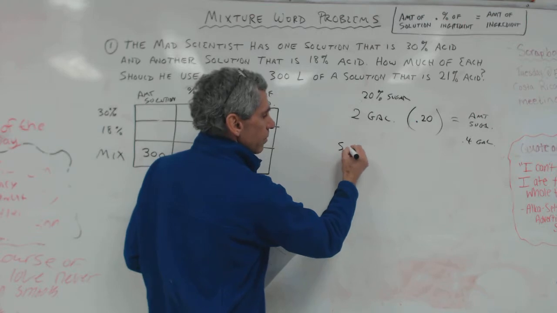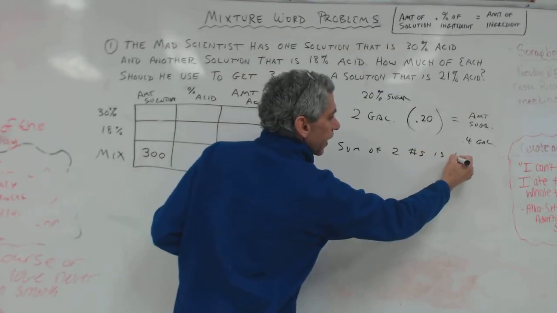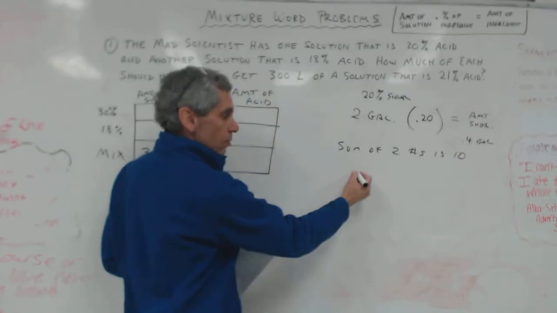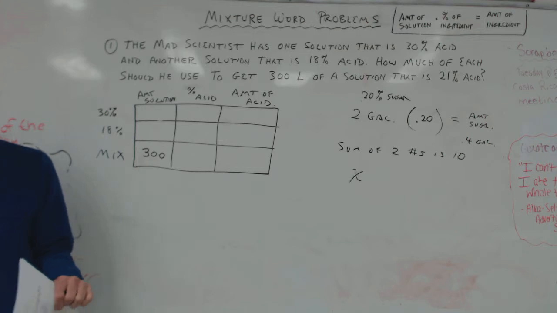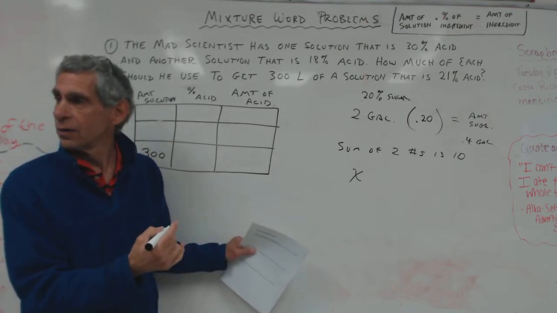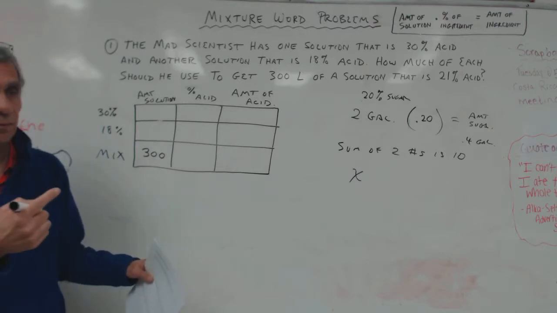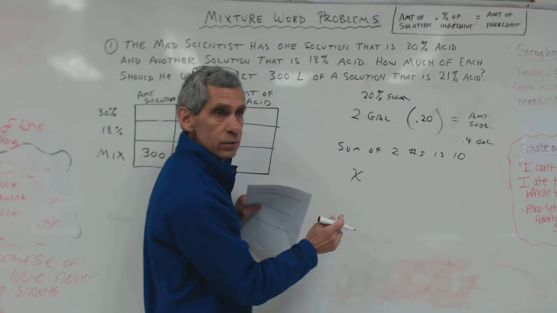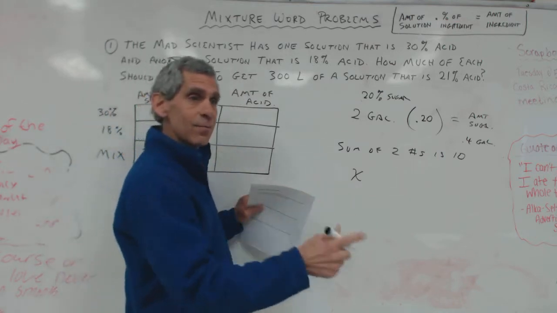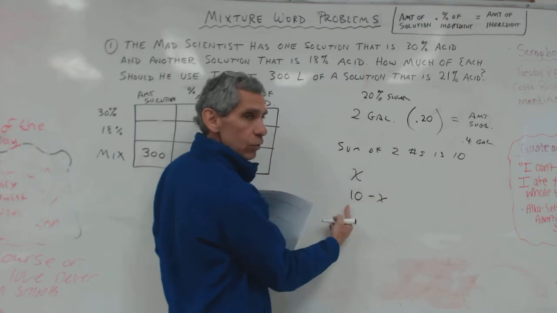The first number is always x, right? Because we don't know what it is. Well, what's the second number? We're going to use x with it, in terms of x. 10 minus x. It's whatever's left over when you subtract x from the total.